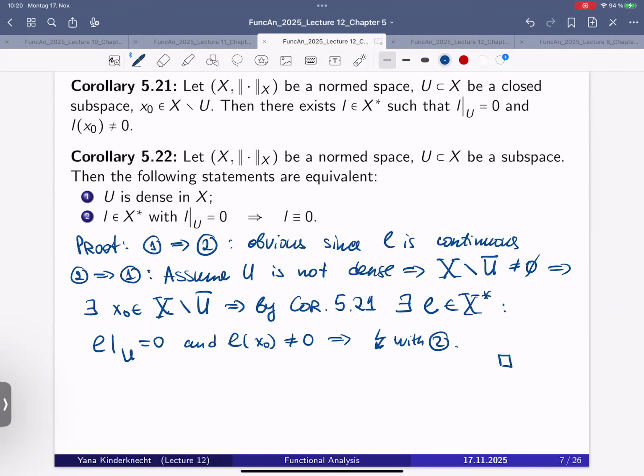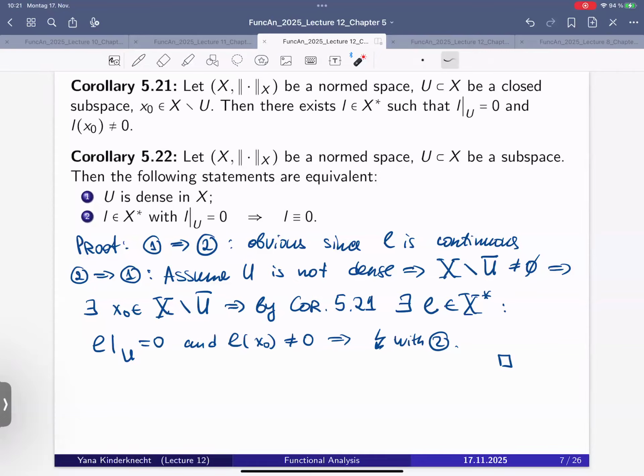Yes. Perfect. Okay, so this is a kind of criterion for how to check that a set is dense. You may use this property to check that the set is dense. Okay, so these are just some corollaries of the Hahn-Banach theorem.